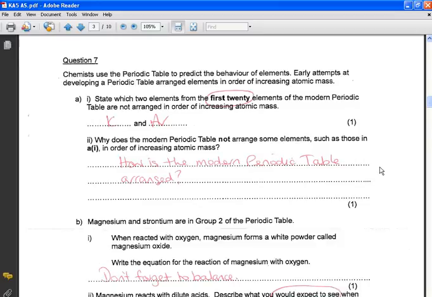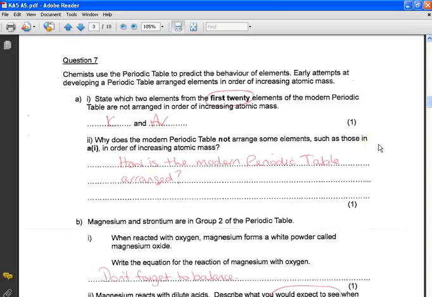Right, so this one, this is the kind of thing you have to read up on, the history of the periodic table. You should be able to, just by looking at the periodic table anyway, look at the mass numbers to see which ones don't follow the correct sequence.